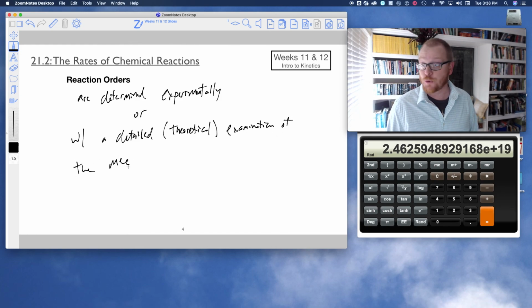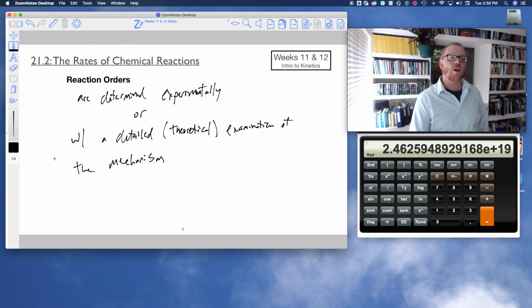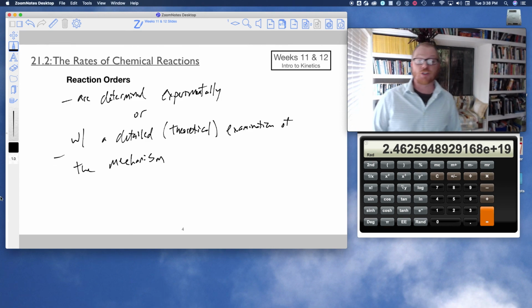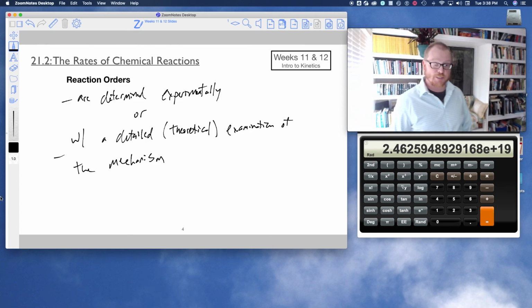And we're eventually going to do that. We're going to be able to do that soon. Okay? But the way that we often start determining reaction orders is by looking at experimental data.